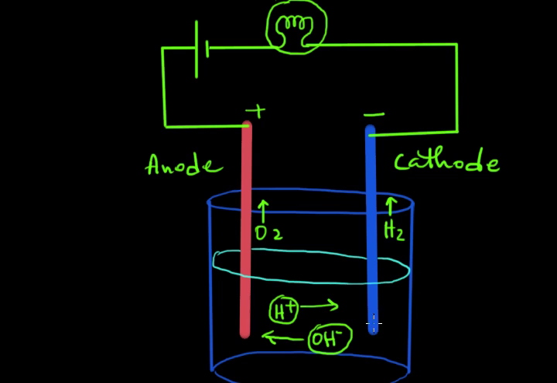Now why are we adding salt? Because pure water contains H+ and OH- ions, but the amount of H+ and OH- ions is very low, thus resulting in a lower conductivity.